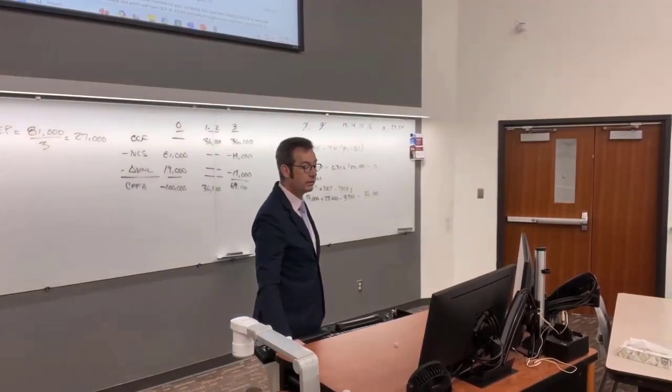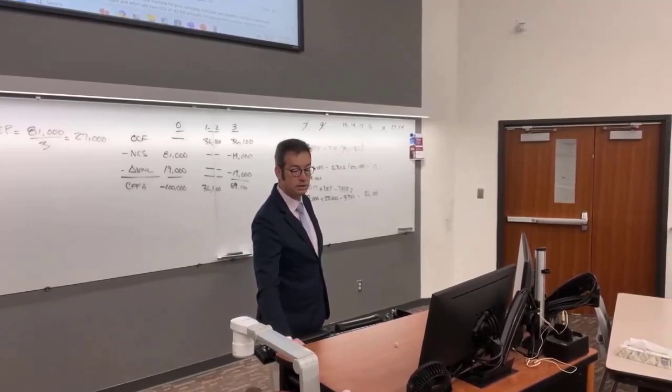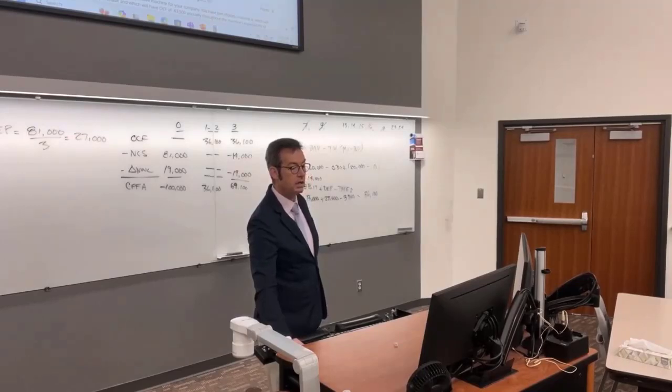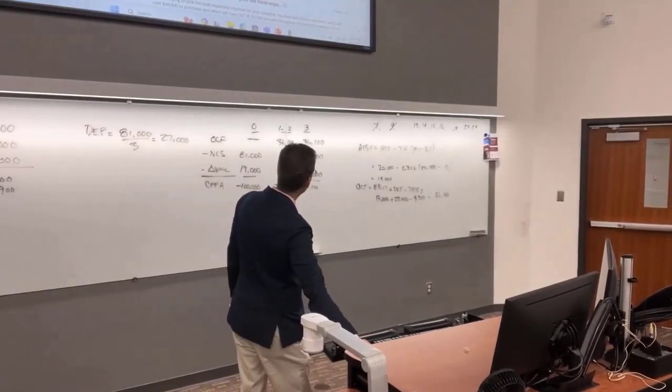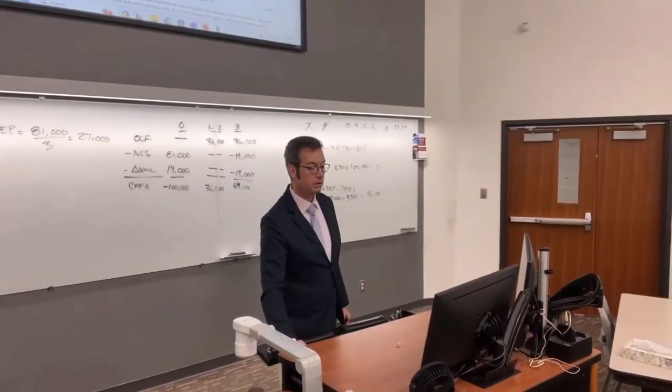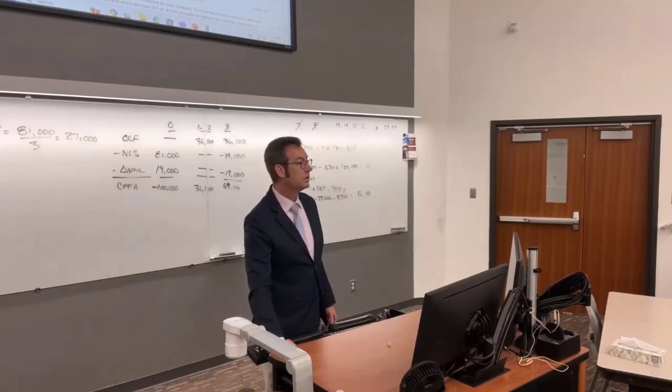So CF0 is equal to negative 100,000, enter, arrow down. What is C01? 36,100. Enter. What is F01? 2, because that happens 2 years in a row.